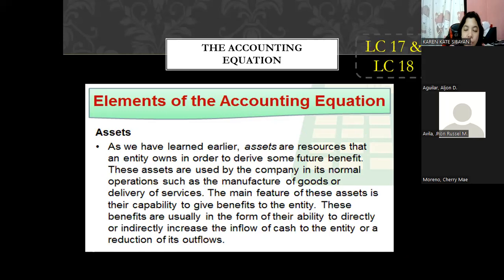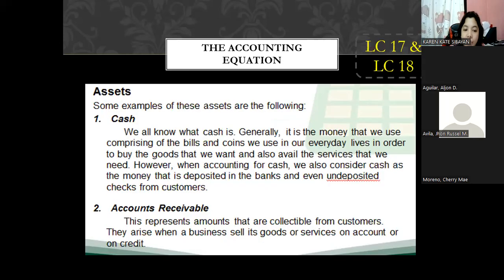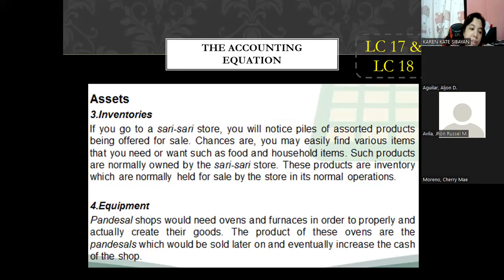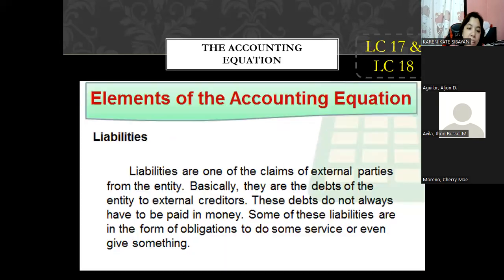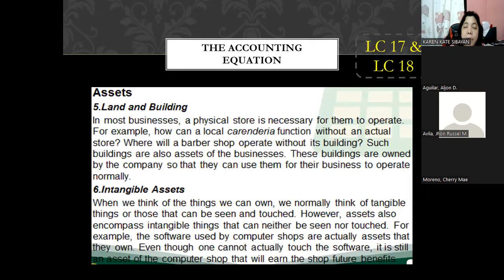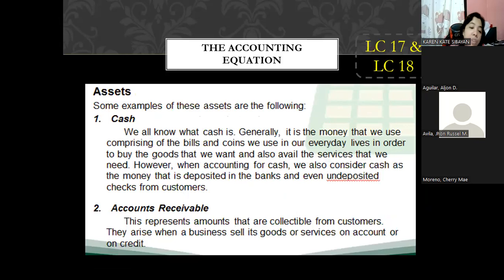Okay, so ano ba yung mga example ng assets? Marami po yan. We have cash, accounts receivable, inventory, equipment, land and building, intangible assets. Marami pa po yung breakdown na later on mas makikilala niyo pa, such as prepaid rent or prepaid interest, furniture and fixtures.